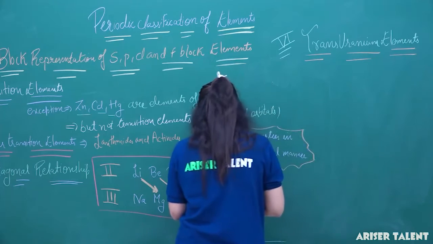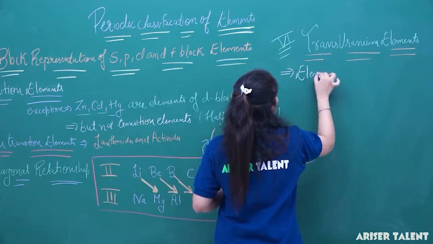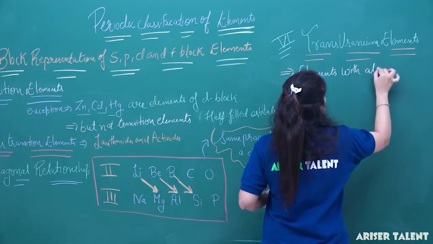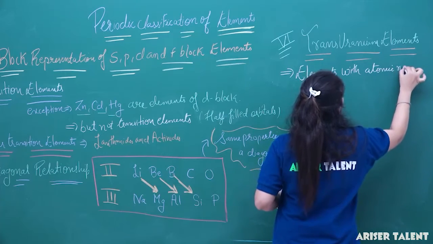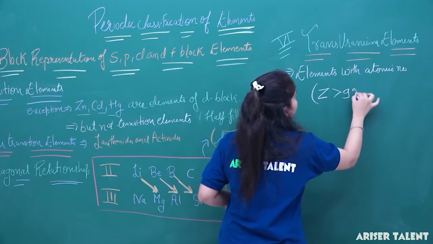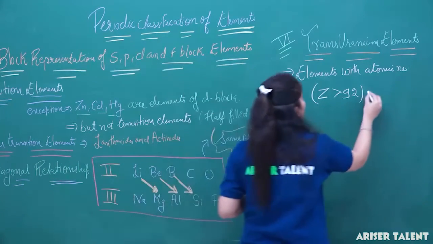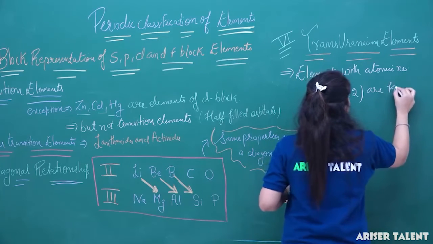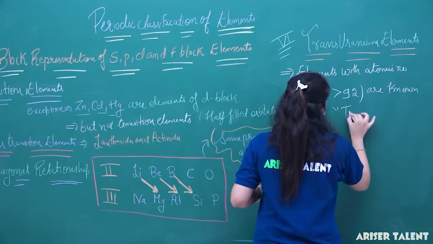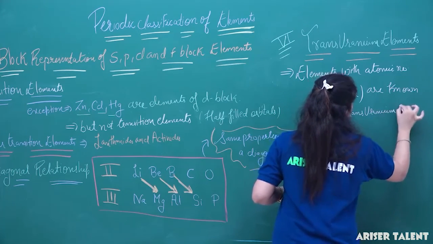So we can write here: elements with atomic number, represented by Z, greater than 92. The elements having an atomic number greater than 92 are known as transuranium elements.